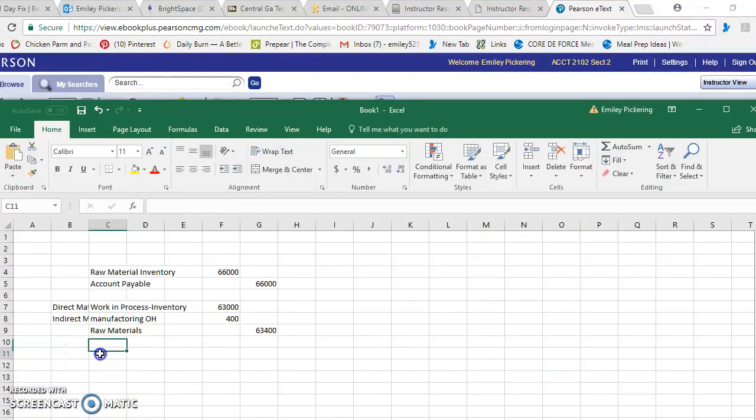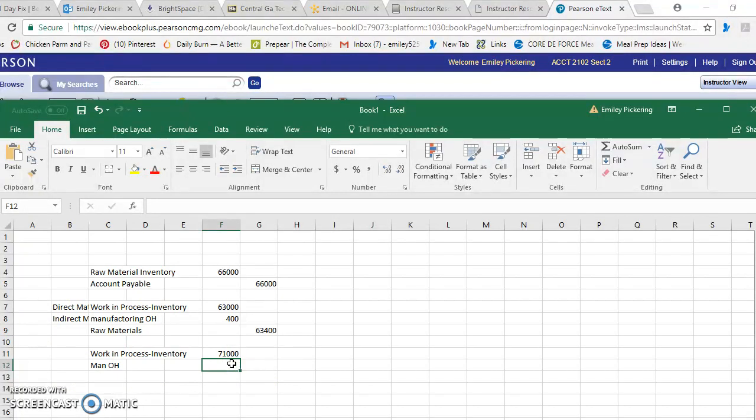So we have work in process. And that's again inventory, that is going to be our direct labor. So that's our glass blowers labor cost. And then we're going to have manufacturing overhead. Same thought process as with the materials. Direct goes in work in process, indirect goes into manufacturing overhead.